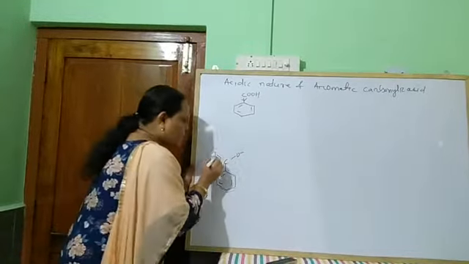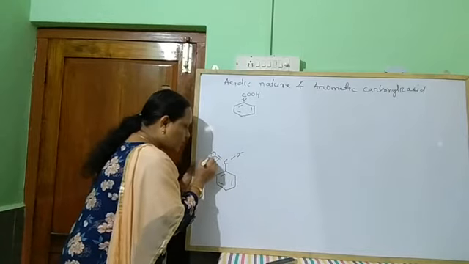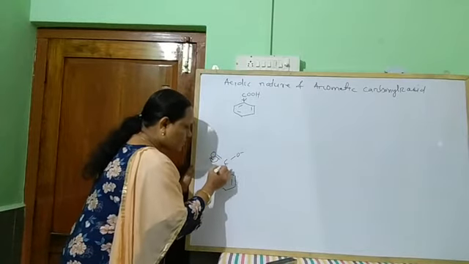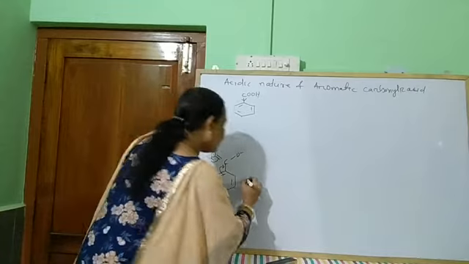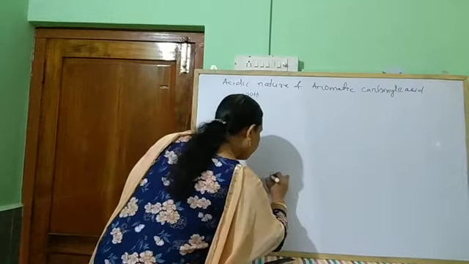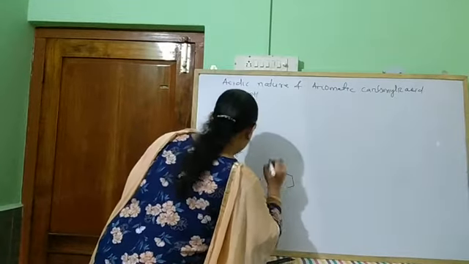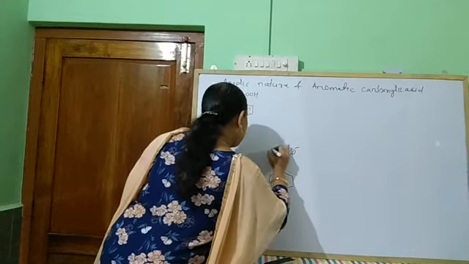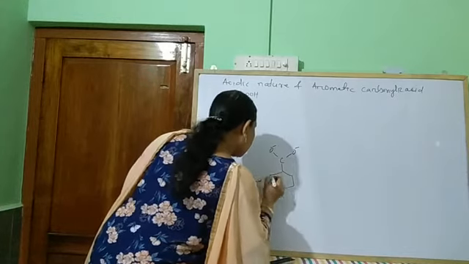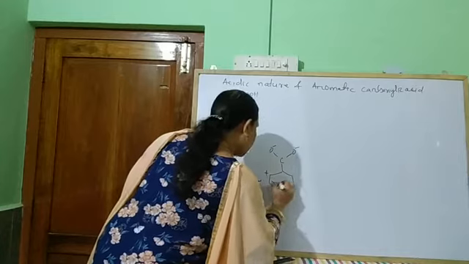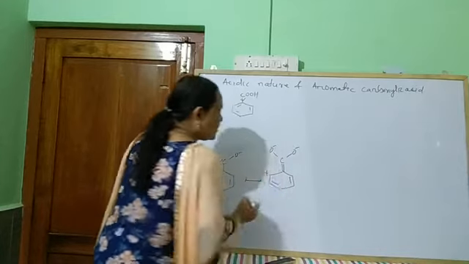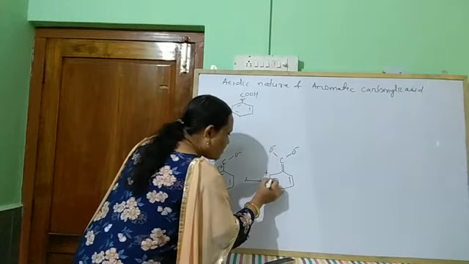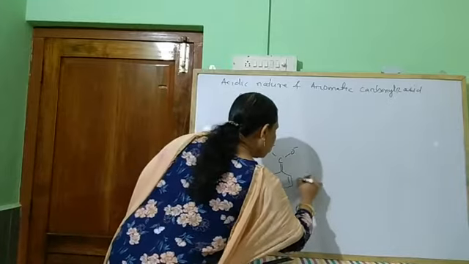This oxygen is more electronegative than this. It withdraws electrons from here and this electron comes here. In this way, minus, plus like this, and this electron pair again comes here.